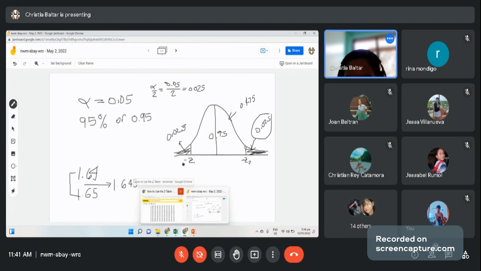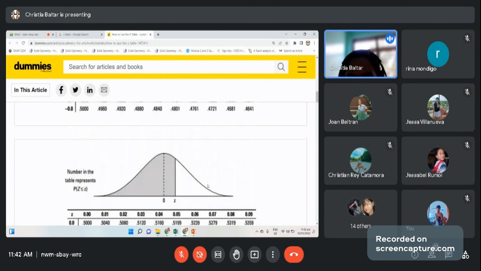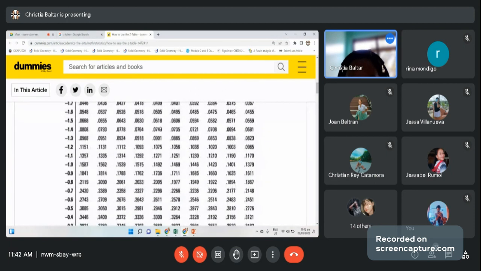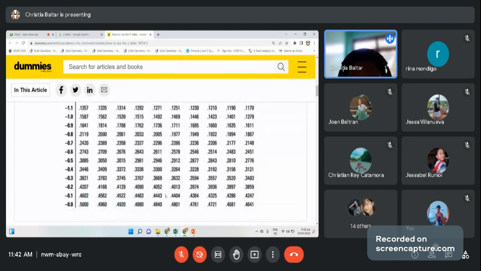Let's look at the left side also. This is 0.475. Let's look at the 0.475. So we have here 0.4602, 0.42.